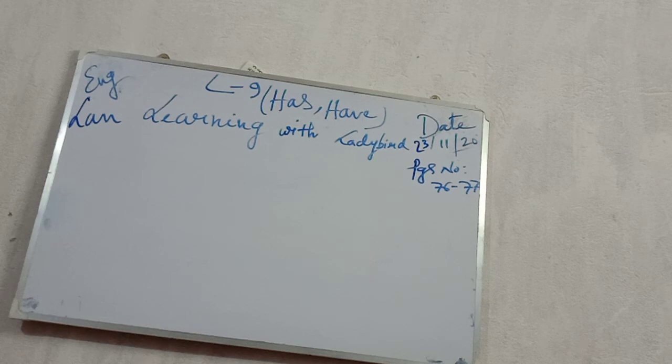Like this we can use them in sentences. Then for negative sentences, does not have. And for showing contraction, doesn't have. And for making a question, does he, she or it have?